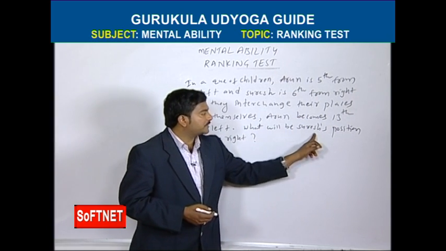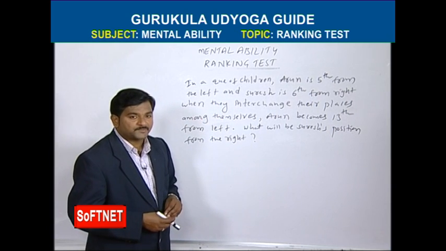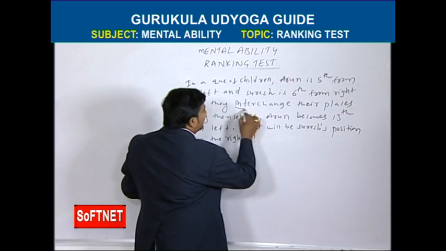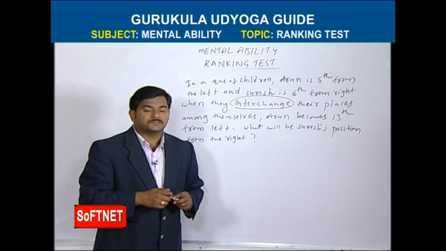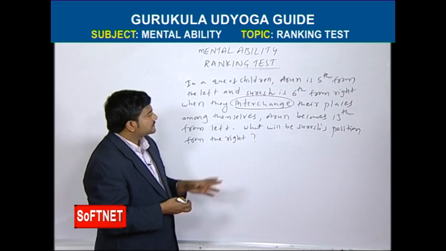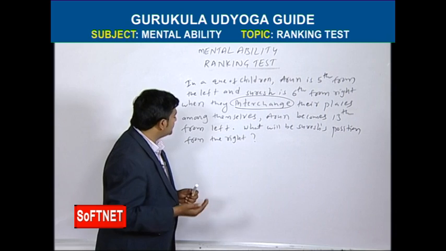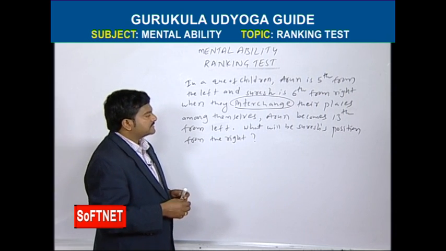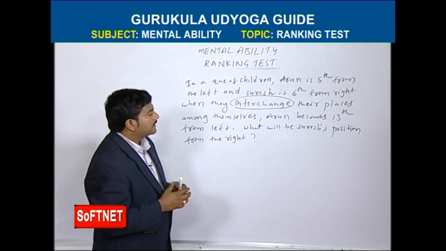What will be Suresh's position from the right? In the previous question, which was also based on the interchange concept, he asked to find the total number of students, but in this question he asked to find Suresh's position from the right. This is an easier concept. The idea is the same because it is the interchange concept.